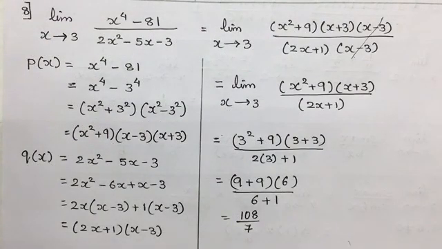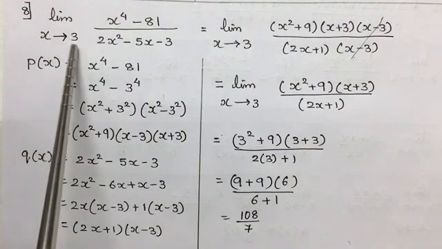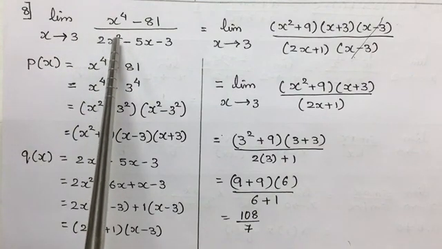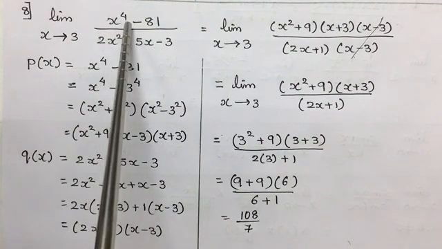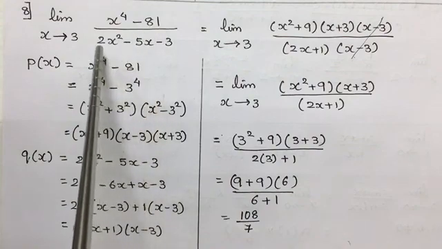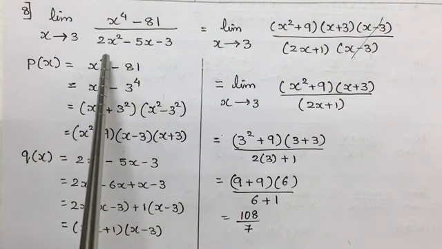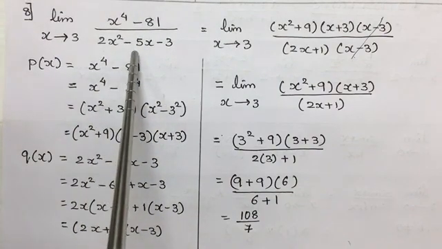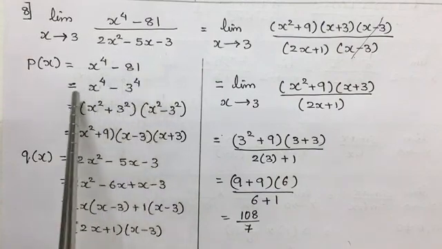Example number 8 is limit x tends to 3, x raised to 4 minus 81 divided by 2x square minus 5x minus 3.